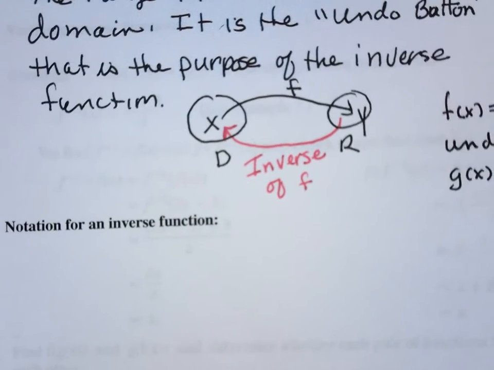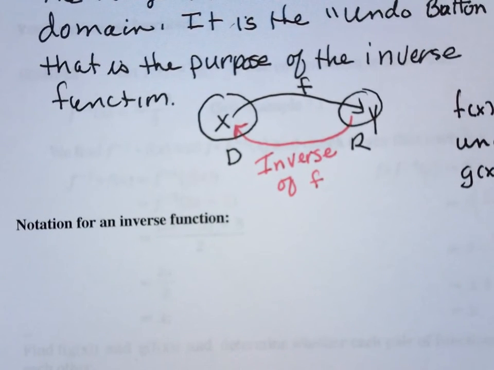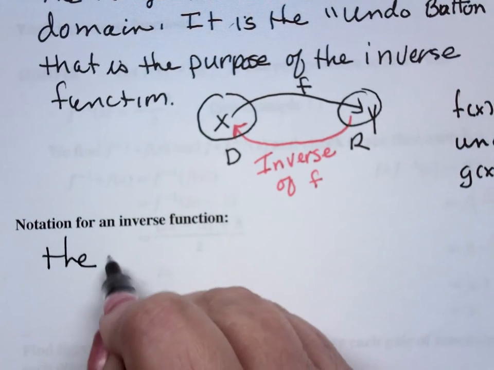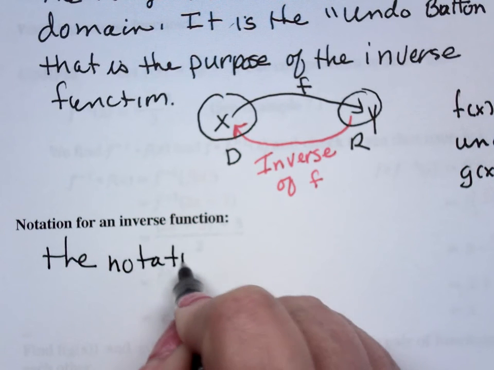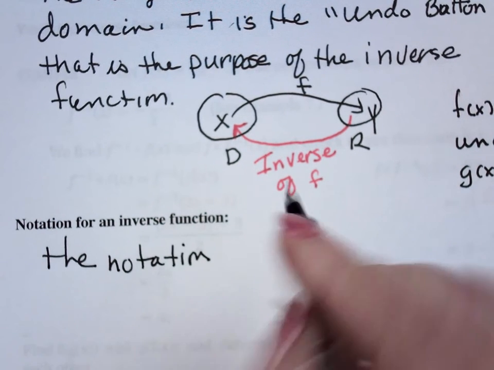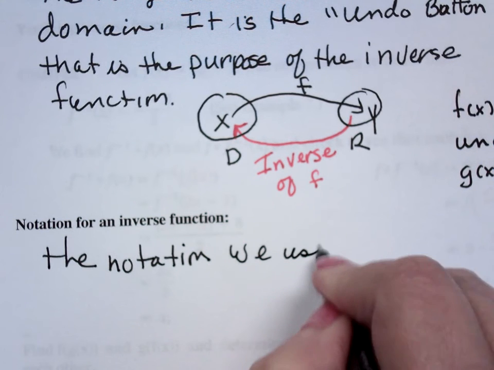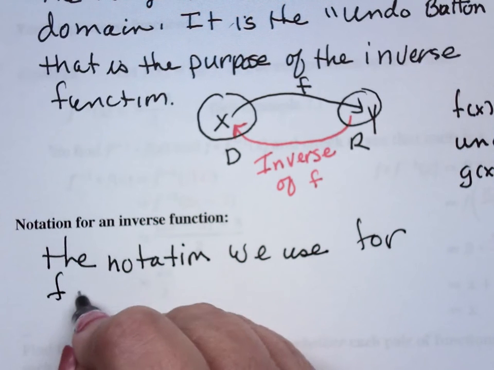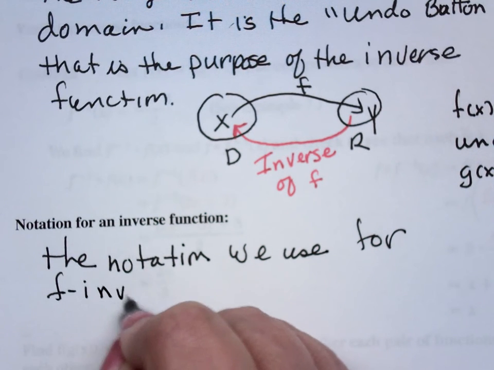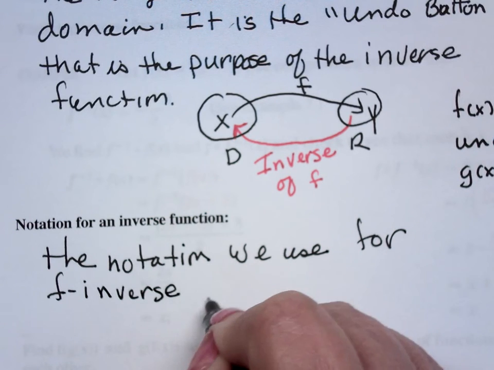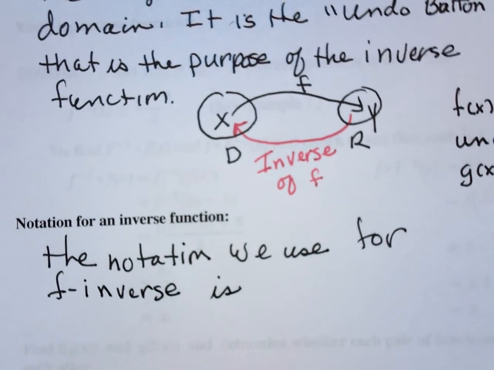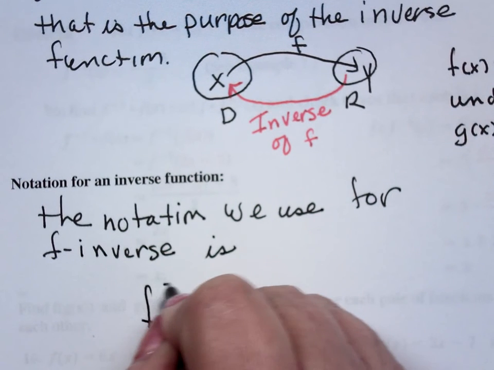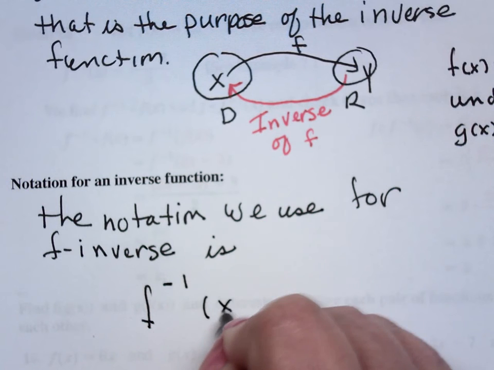Well, what about notation? The notation we use for f inverse is f to the minus 1 of x. You need to leave room because we're going to write around it.